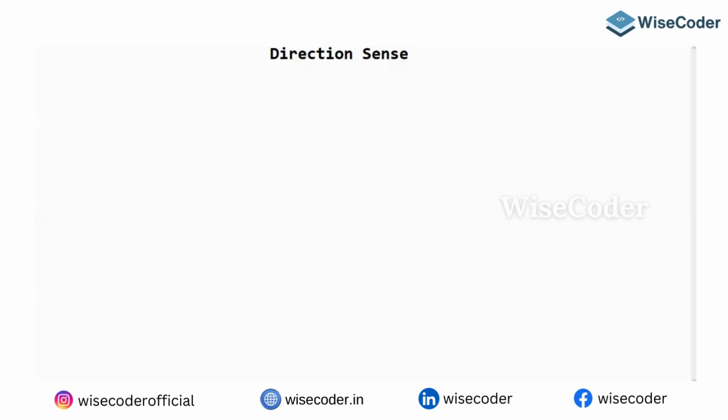So if you look at exams like TCS, Wipro, Capgemini, Infosys, all the MNCs, they'll conduct an aptitude test. In this aptitude test, they'll ask you questions on quantitative aptitude and reasoning.